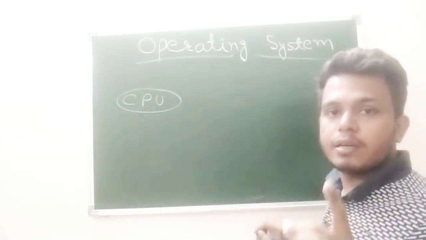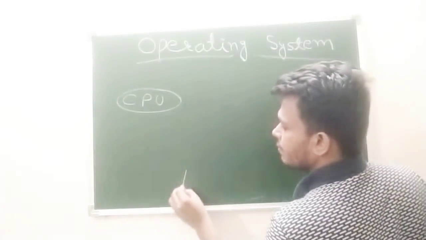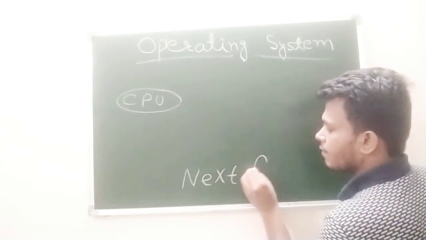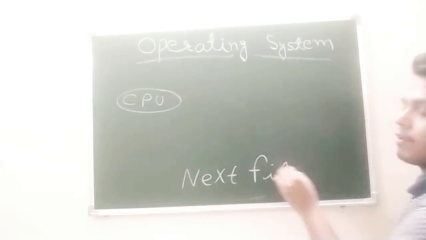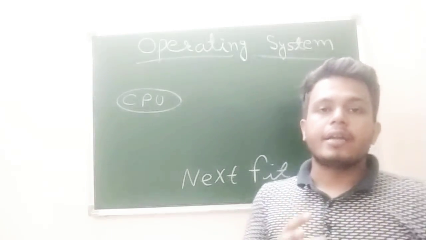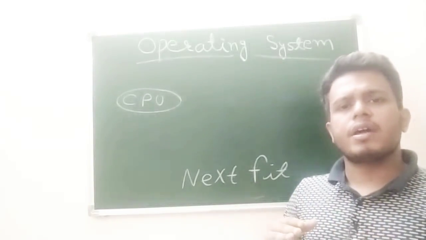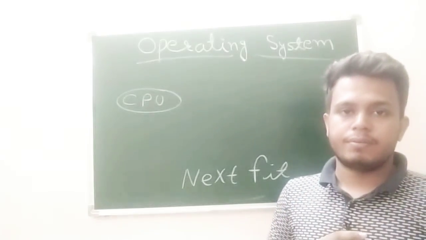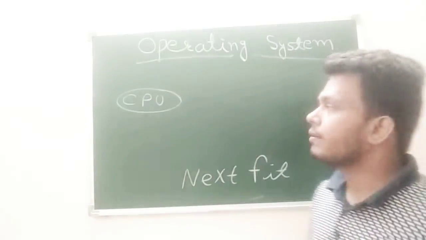We are discussing next fit. What we actually do in next fit, it is not a new thing. It is a kind of extension to first fit. How is it? Let me define.